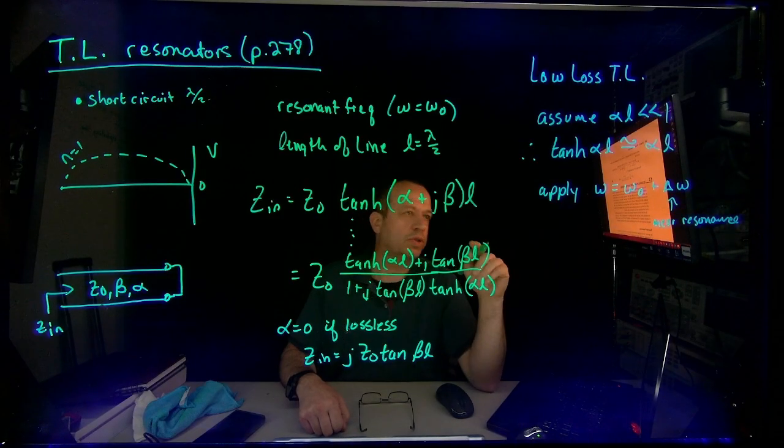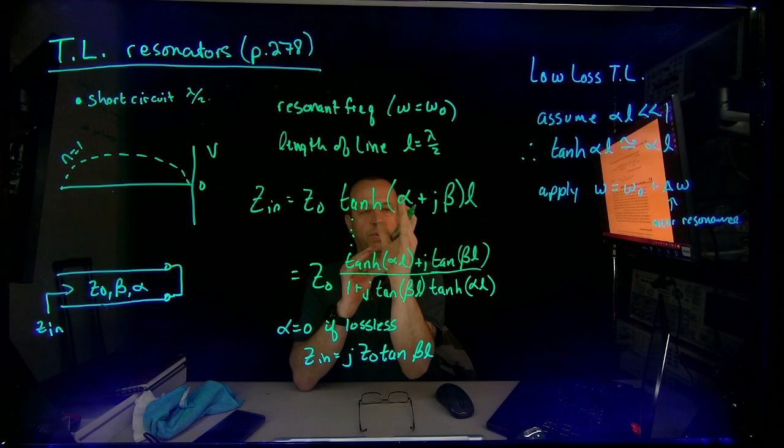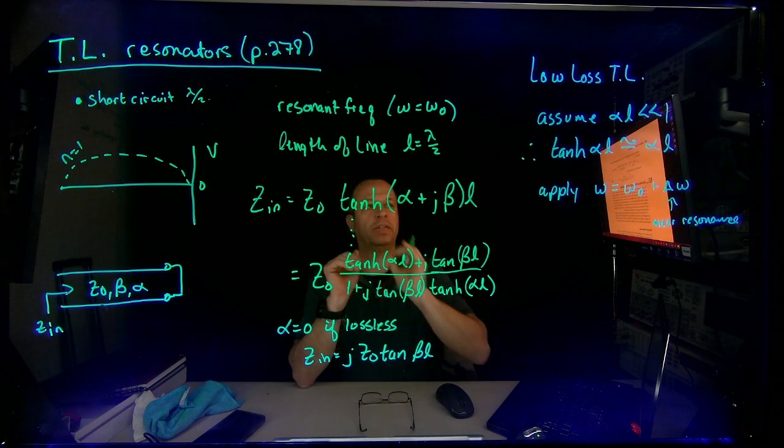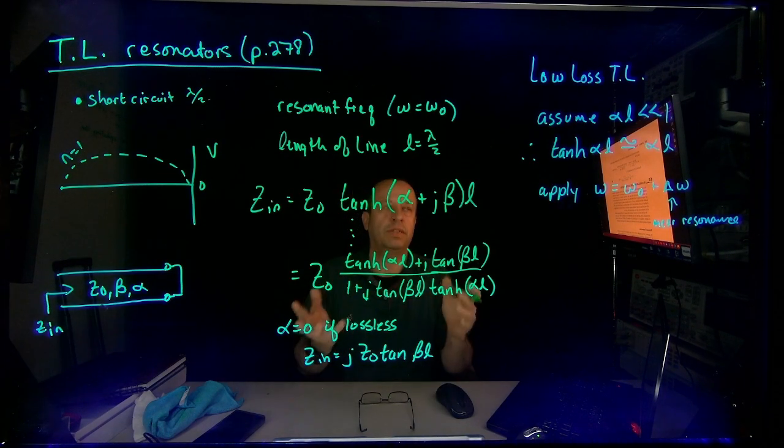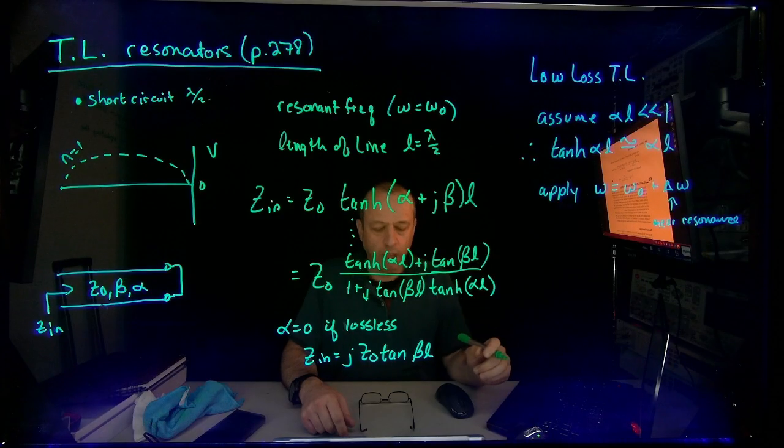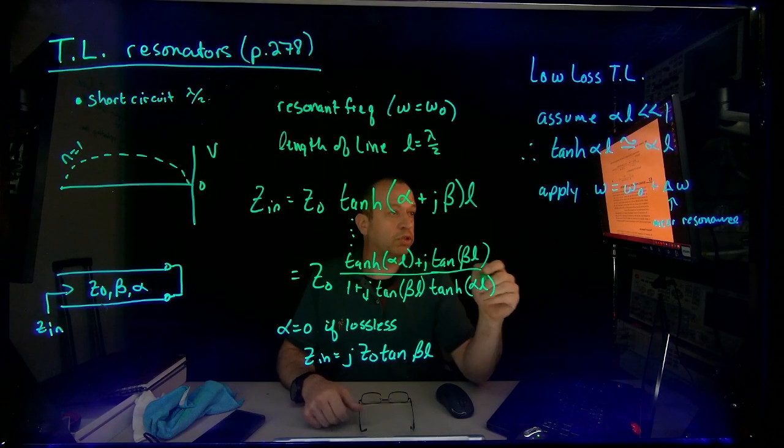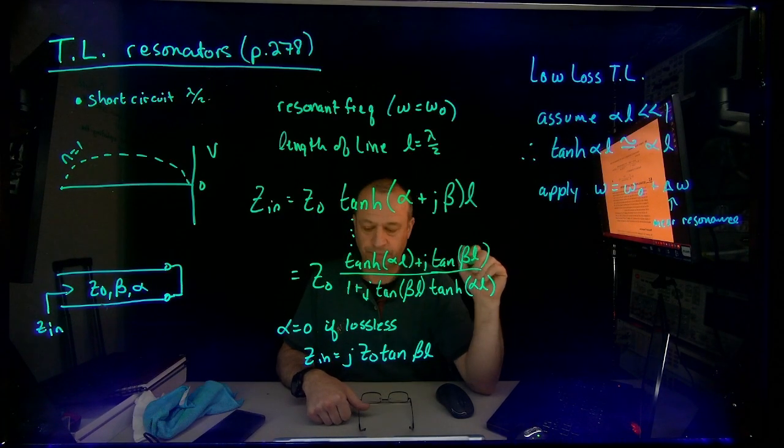So we're trying to take a look at the resonance frequency and then do a little bit of deviation from that resonance frequency and see what happens. So small delta omegas.